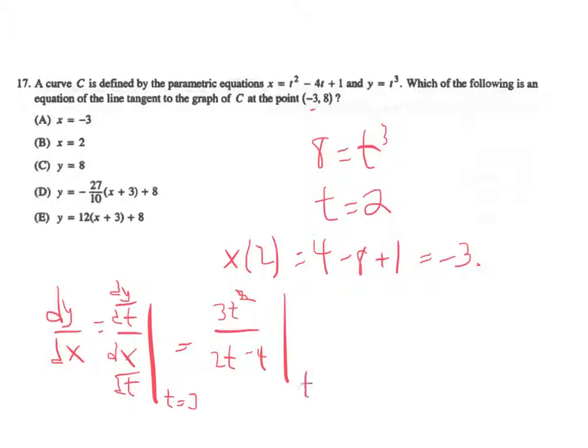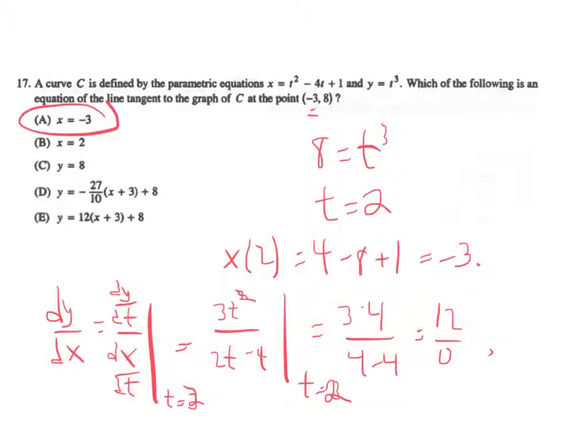So evaluated at t equals 2, I get 3 times 4 over 4 minus 4, which is 12 over 0, which is undefined. Aha! So if it's undefined, then it must be a vertical line going through that point, and the only vertical line going through that point is x equals negative 3.